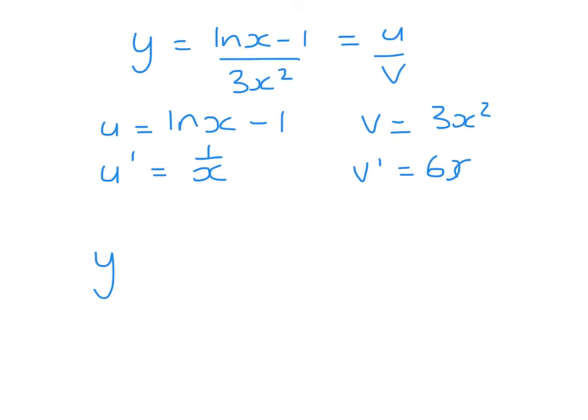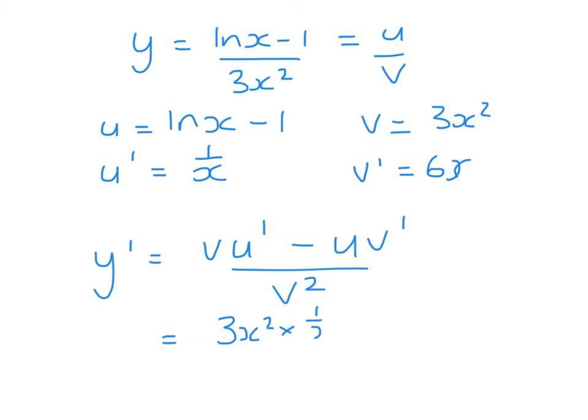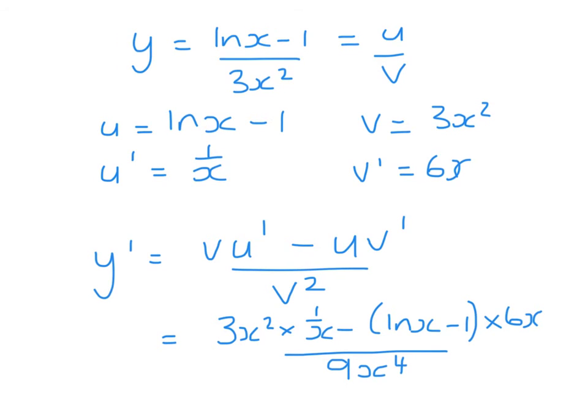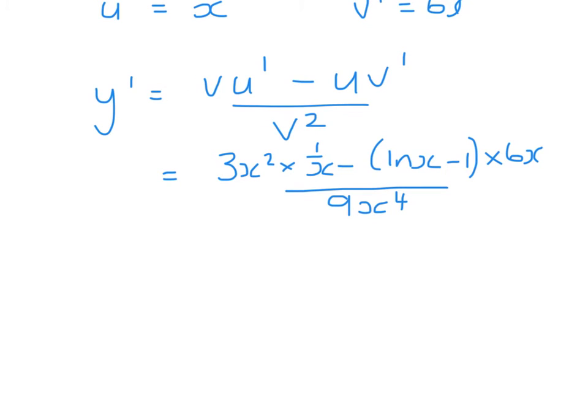Quotient rule says the differential of y is v du/dx minus u dv/dx all over v squared. So that is 3x squared times 1 over x minus (ln x minus 1) times 6x all over 9x to the power 4. We need to start working on simplifying this.